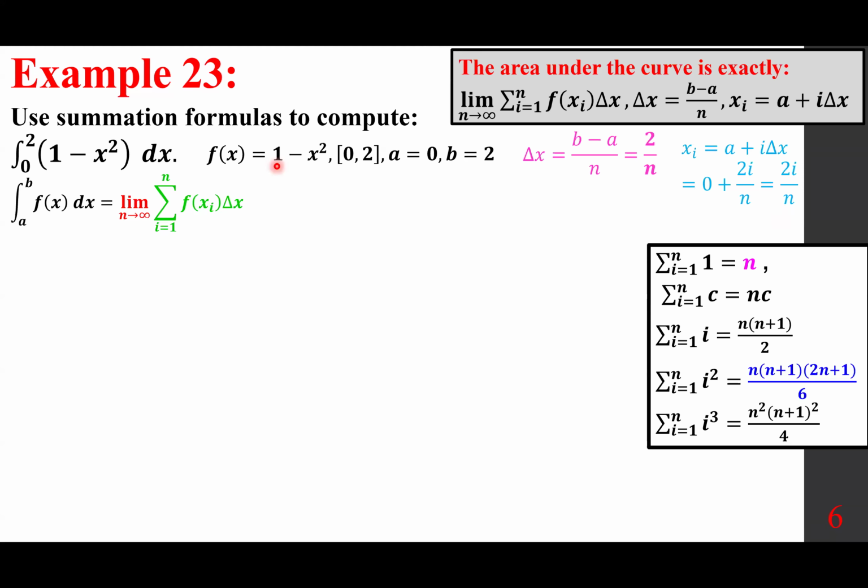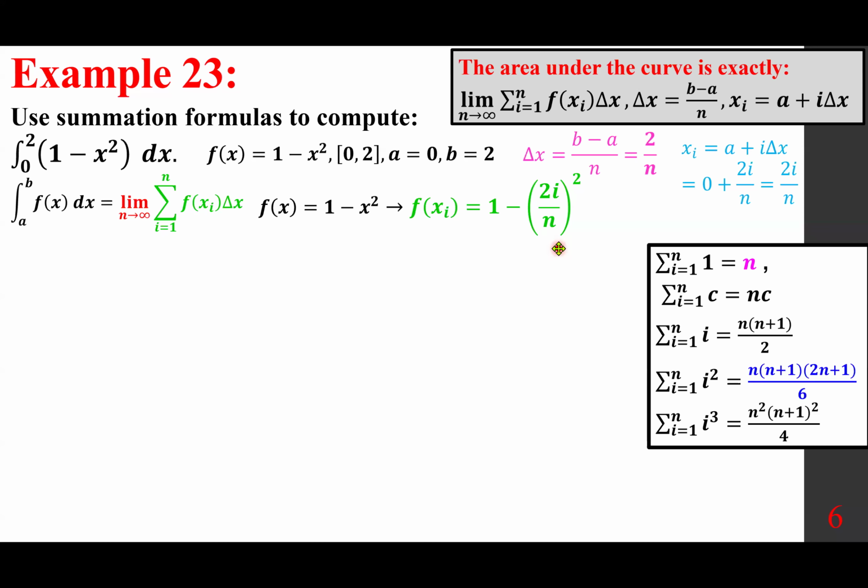So if f of x is 1 minus x squared, what is f of x sub i? 1 minus x sub i squared. What is x sub i? 2i over n. So 1 minus x squared: replace the x with x sub i, which is 2i over n quantity squared.